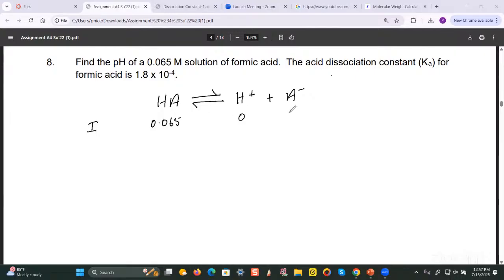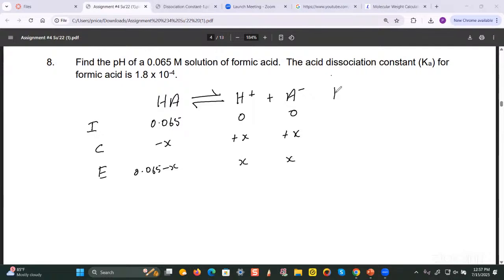You're going to have 0 here and 0 here. The change will be minus X for the HA, plus X for the H plus, plus X for the A minus. So at equilibrium, we add this line to this line, and you're going to end up with 0.065 minus X for the HA. And here, we're going to have X and X, all right?